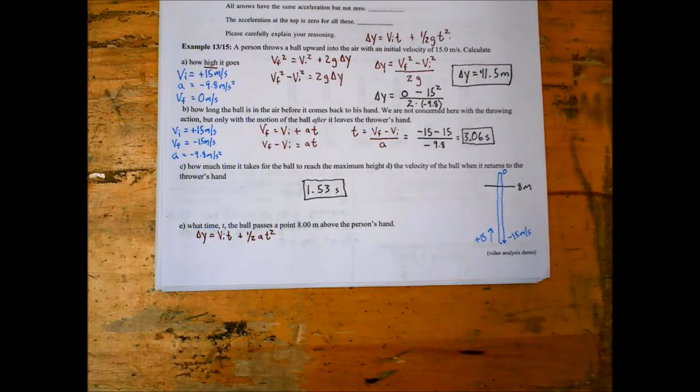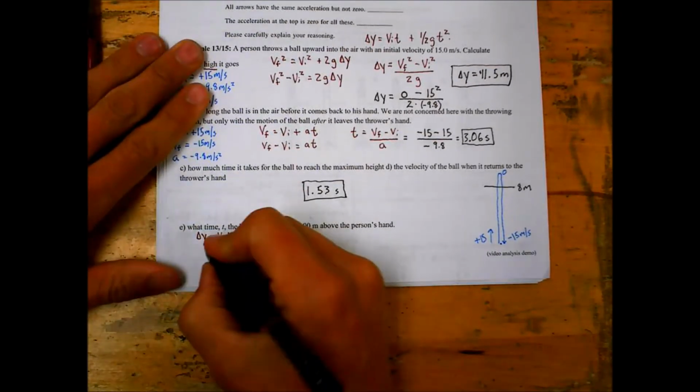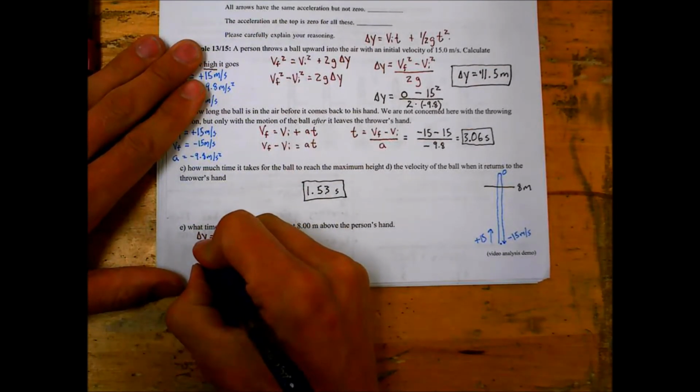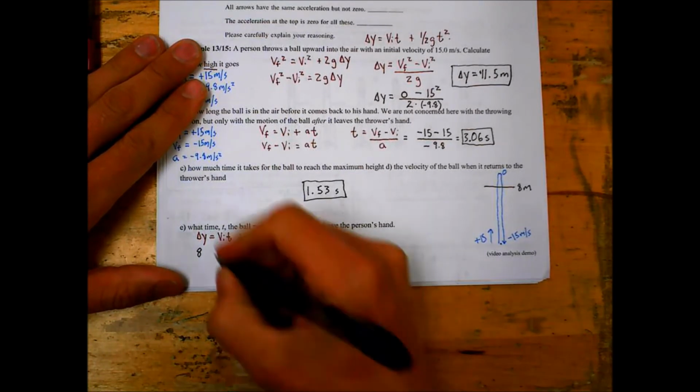Okay, and let's just plug in what we know. So we know delta y is 8. Okay, from here to here, we know it's going to be a positive 8 meters.